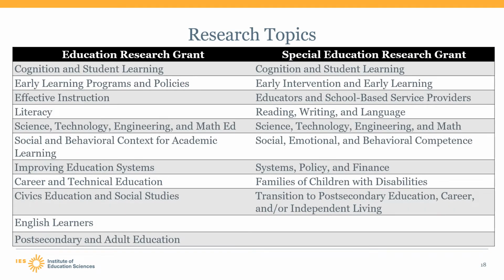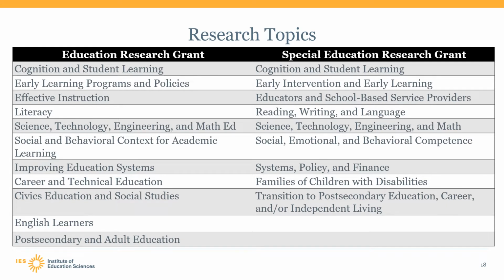NCER and NCSER use a topic structure to encourage focused programs of research and to provide opportunities for applicants to consult with program officers who oversee each topic while preparing their applications. Your application must be directed to one of the topics. The topics are intentionally broad to encourage a wide range of innovative ideas and research questions. Applications to NCSER may also indicate a secondary topic if applicable.